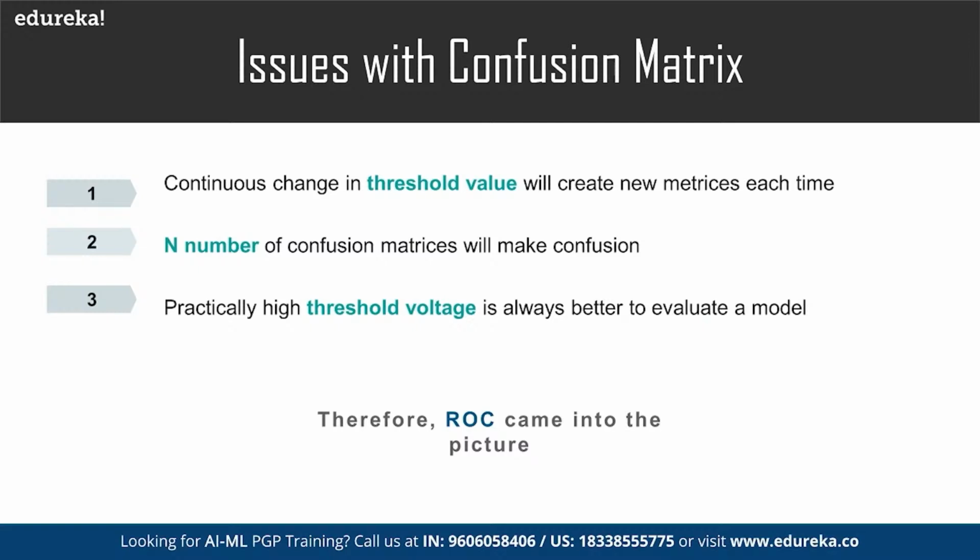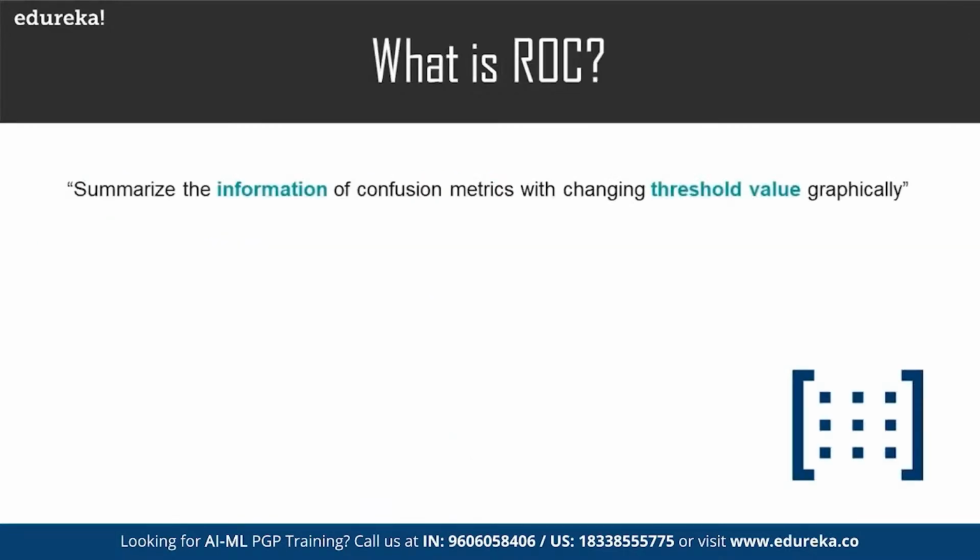Practically, a high threshold value is often chosen for training the model, and also used for evaluating the better model. That is why ROC, another metric, comes into the picture. We are going to see what that ROC is. It summarizes the information of confusion matrices with changing threshold values.